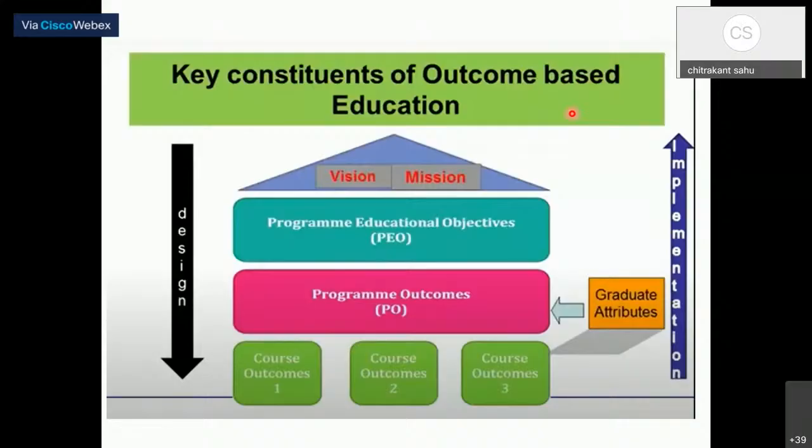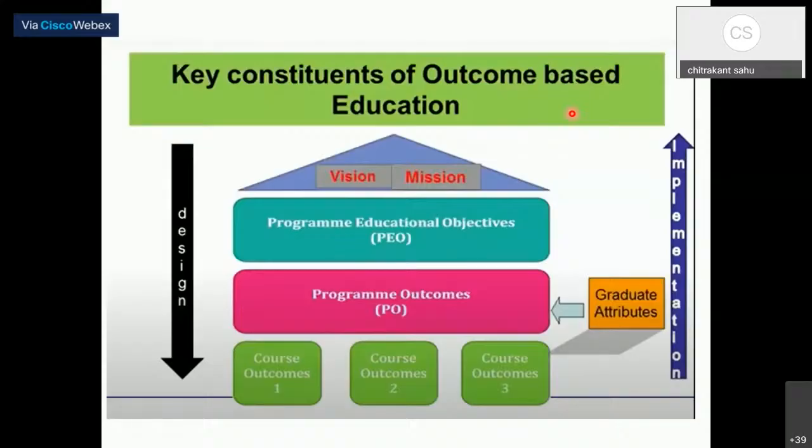Mission means how we are going to achieve it, what steps we are going to take. That is decided at the institute level as well as the program level and department level. Then we need to talk about the program educational objectives, then program outcomes, and then course outcomes. So these are the designing process.